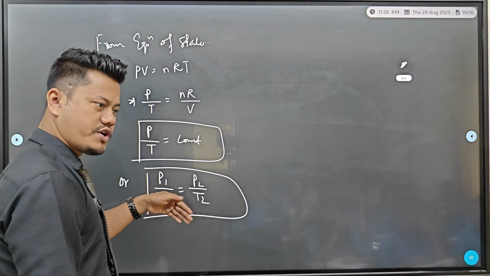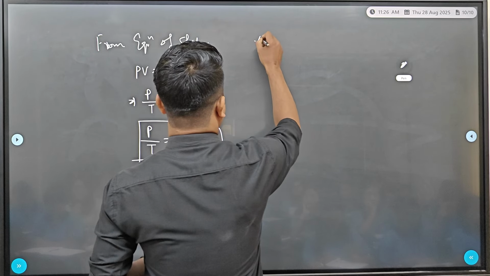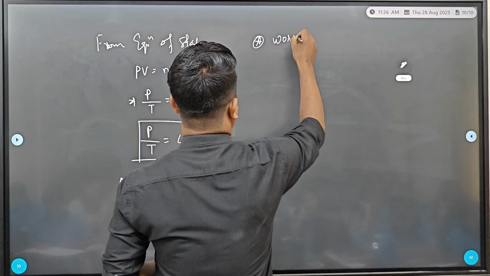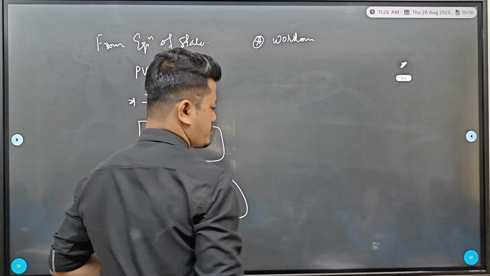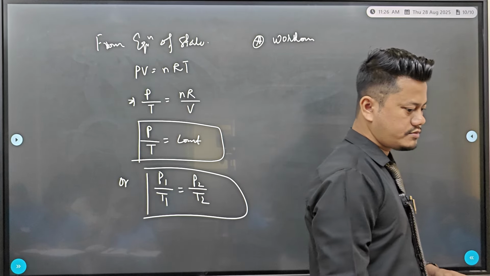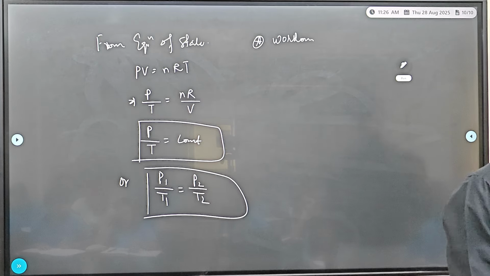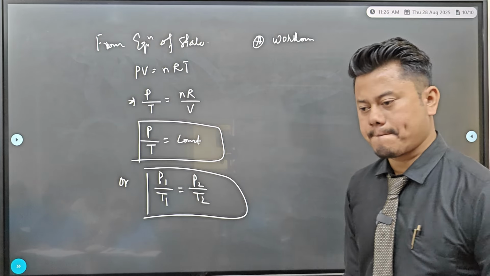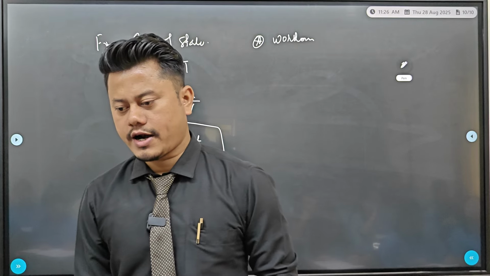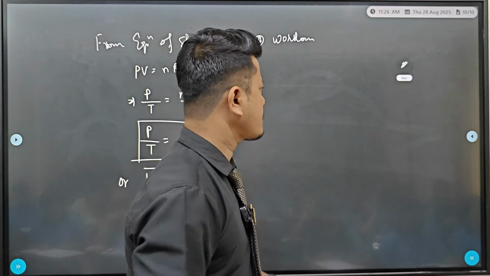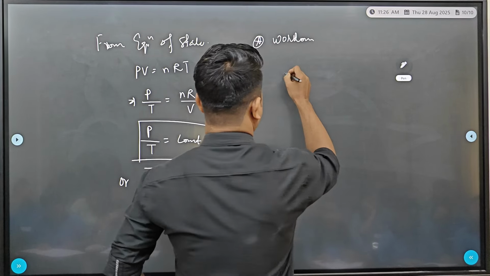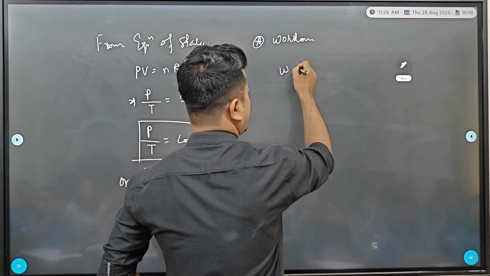We have calculated the equation. Please go for the next interpretation: work done under isochoric process. What is the work?